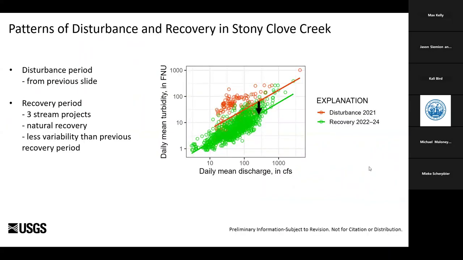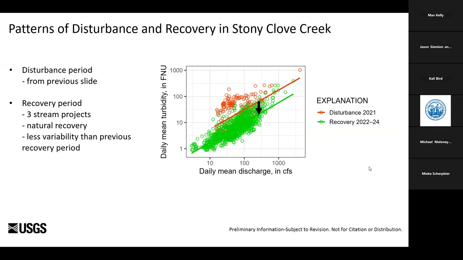So final slide here for Stony Clove, and then I'll go through Woodland. We're going from that previous disturbance period back to another recovery period where we had 3 stream projects, one of which was the one that Don had talked about in Warner. We had some natural recovery, so we see that shift down in the relation. We're getting less turbidity for a given discharge than we did during that disturbance period.